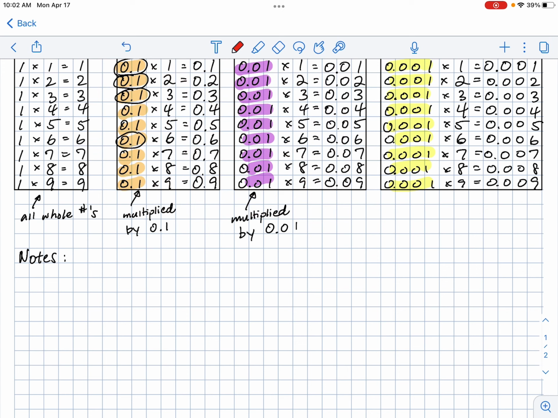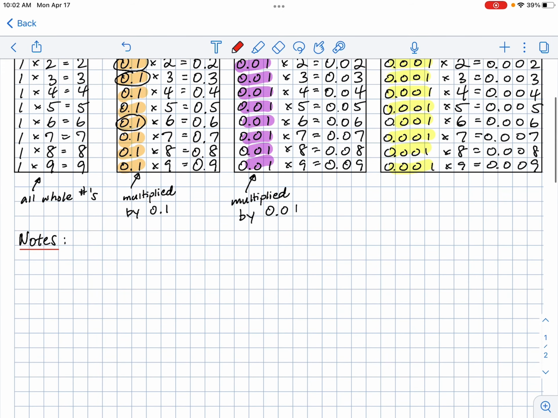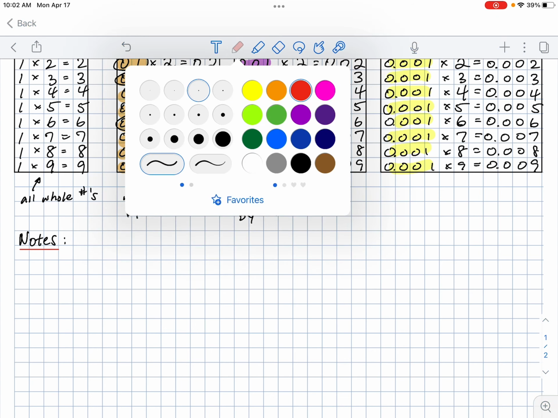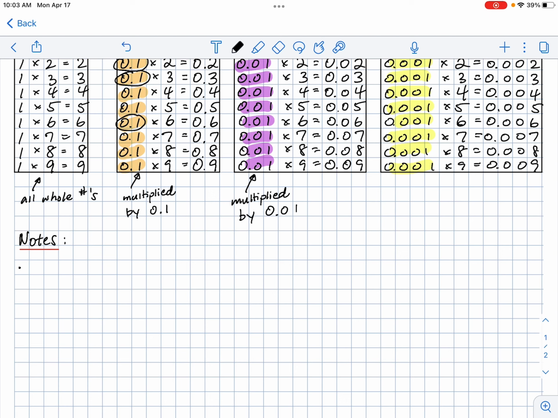Well, I would say the first thing that you need to write down so that you're not thrown off when you get products, when you're multiplying a decimal number that's less than 1, is when you are multiplying a whole number.